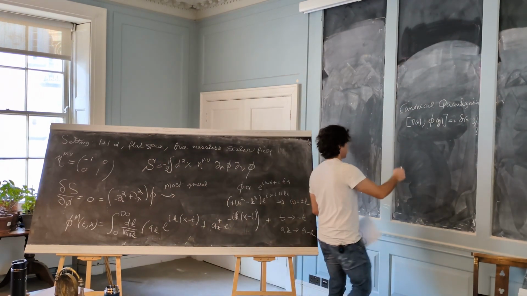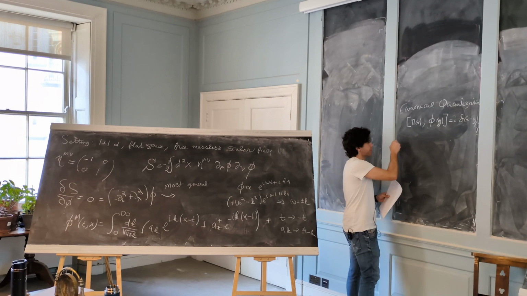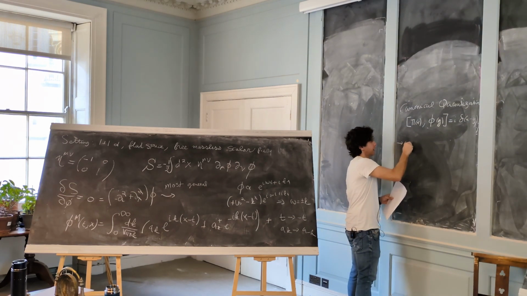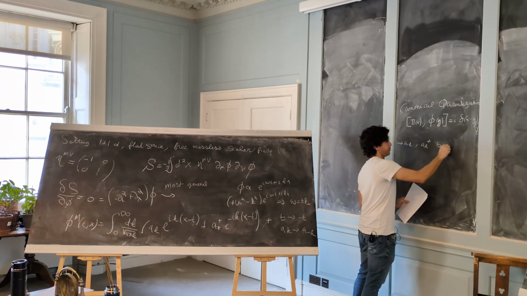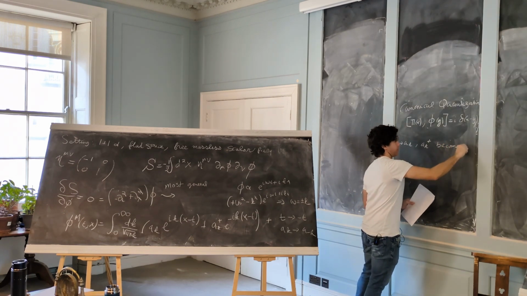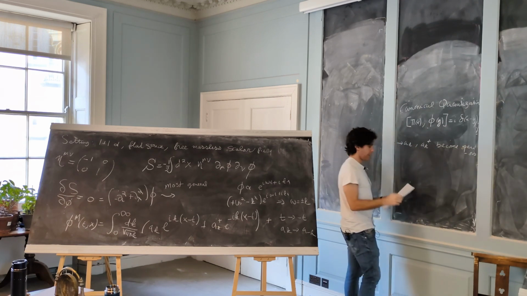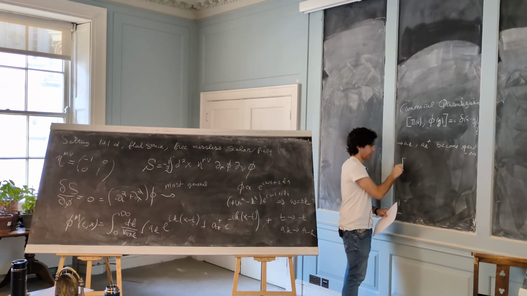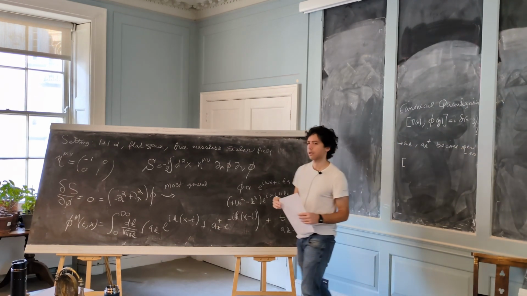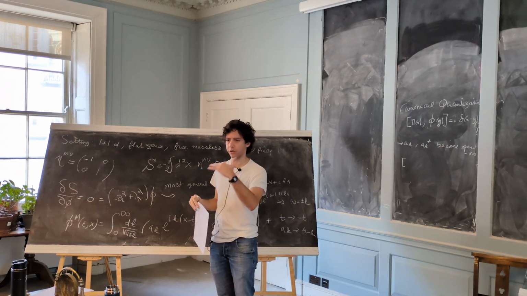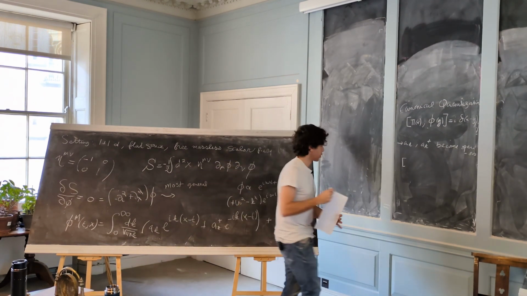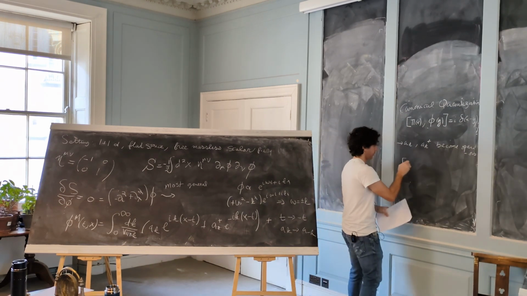But in order to impose this, you would find that ak and ak dagger become operators. And they obey exactly the raising and lowering algebra that you might have seen when you studied the simple harmonic oscillator in quantum mechanics. So that algebra is the following.